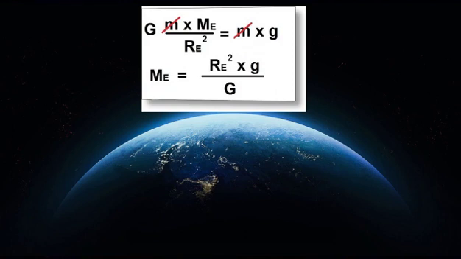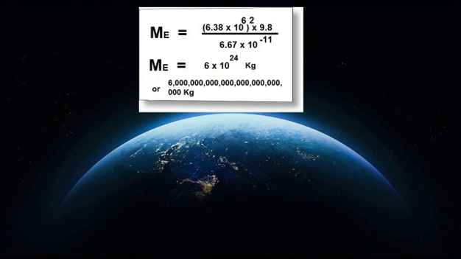Now we have to put the values of all these: capital G, small g, and the radius of the earth. Values are already given on the screen. You can see, if you put all these numeric values into this equation, finally we get the mass of the earth, that is 6 multiplied by 10 to the power 24 kg.